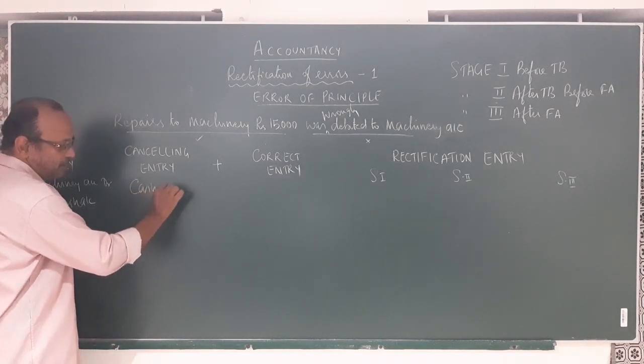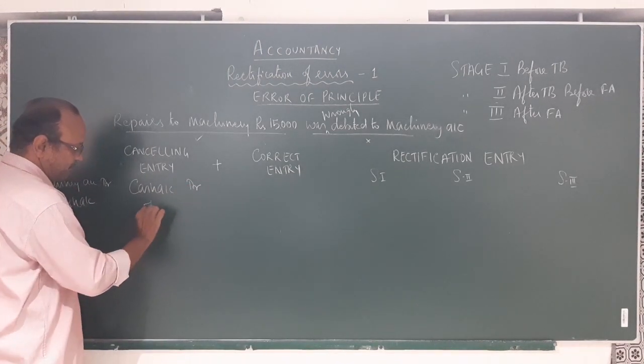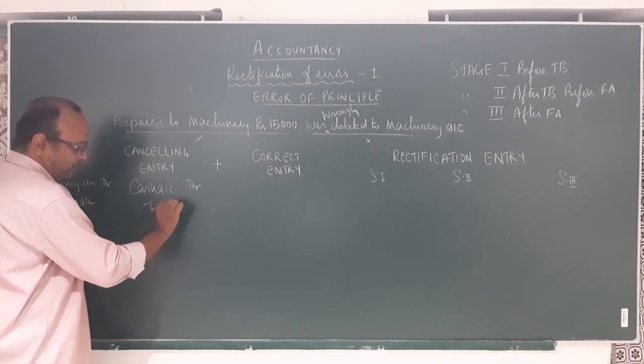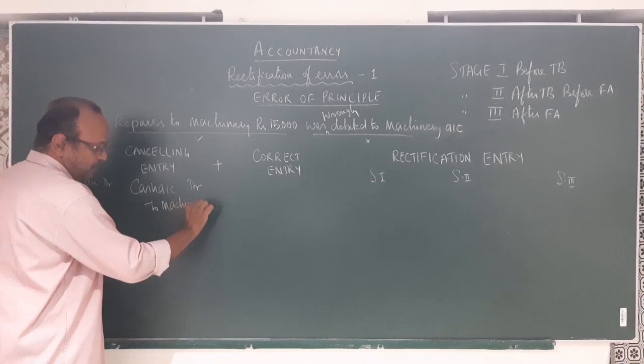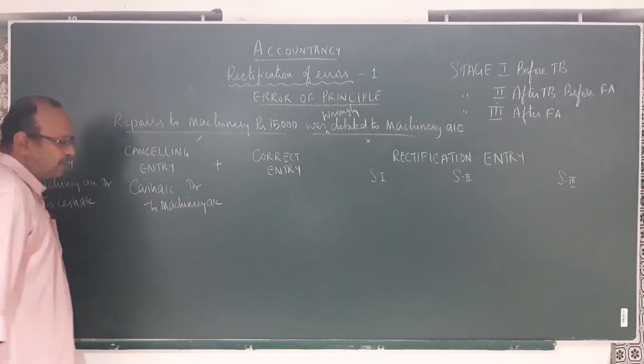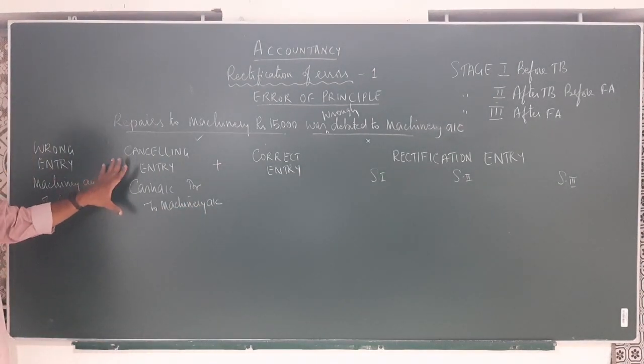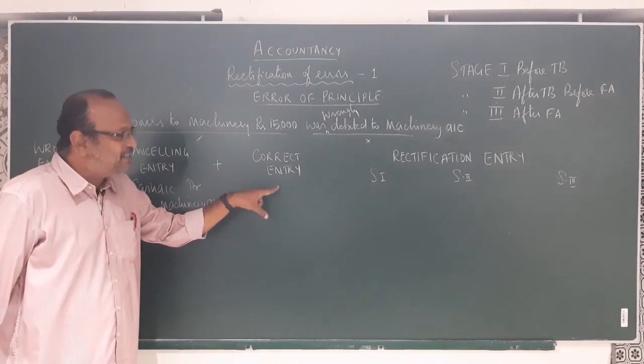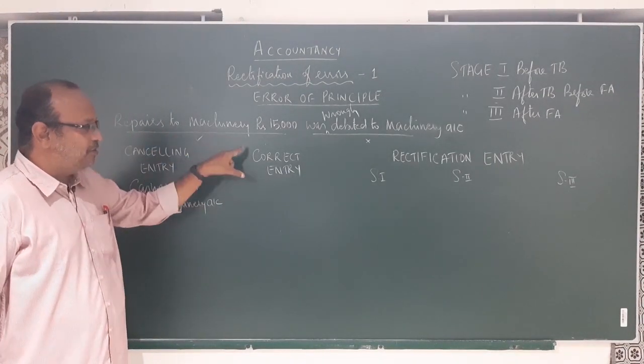Cash account debit to machinery account. Now this is the cancelling entry. Now what is the correct journal entry? Repairs to machinery.